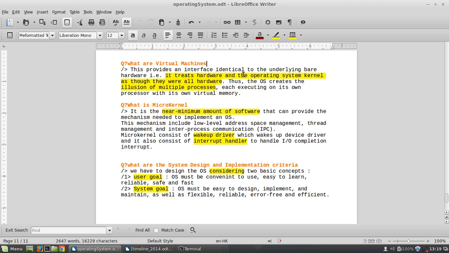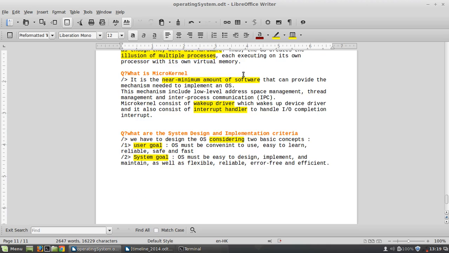So multiple processes are created, and it acts as if we have multiple processors, each using its own separate identical processor to execute its own task.